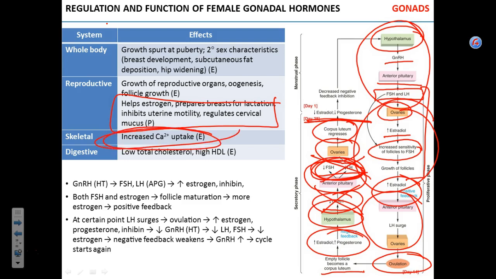Estrogen is really important for calcium metabolism. That's why females after menopause often experience osteoporosis. Calcium uptake is decreased. And after menopause, the risk of atherosclerosis in women goes up quite dramatically because estrogen, turns out, regulates cholesterol levels. That makes sense?